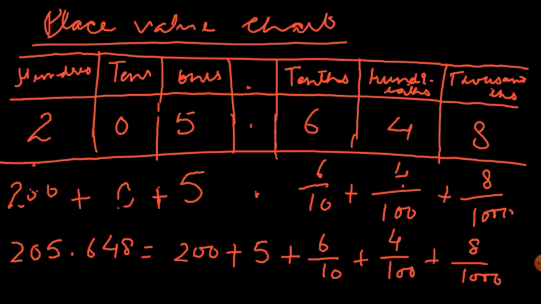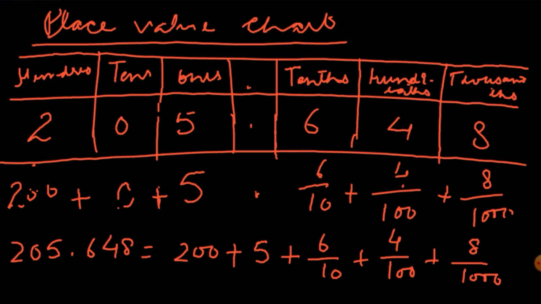So this was how you can write decimal numbers in the place value chart, and from the place value chart you can know how the expanded form of a decimal is written.